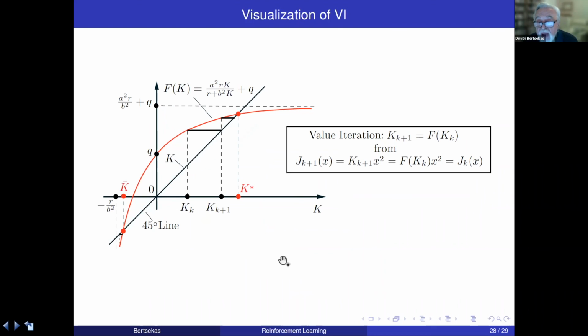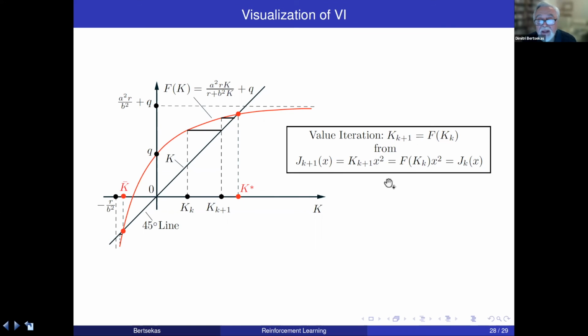So what is value iteration? Remember, value iteration generates from J_k, it obtains J_{k+1}. And this J_{k+1} is the k+1 iterate, whereas J_k is what you obtain from the Riccati operator at K_k.